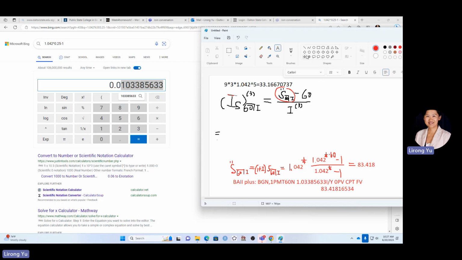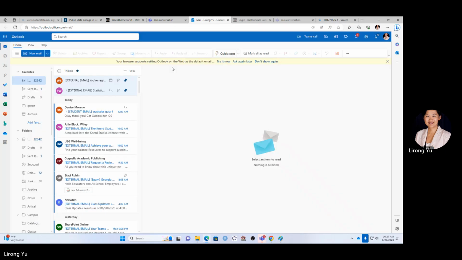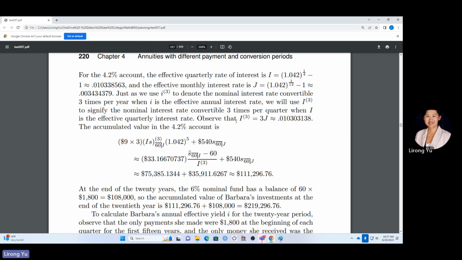Back to the question here. So now we know that the numerator is going to be, I should copy it, 83.418534. And then that's going to minus 60 and then divided by i. Now i is already given here. i is a quarterly interest rate. I've been talking about it.